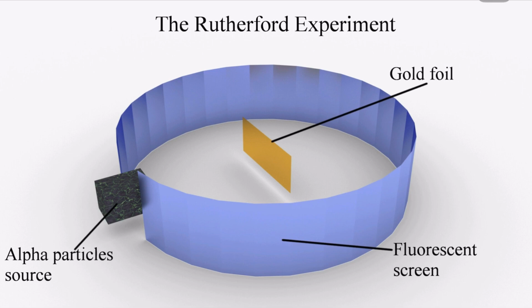The purpose of this gold foil is to figure out how an atom really looks. The reason we're using a very thin gold foil is because we want to have as few layers of gold particles as possible.